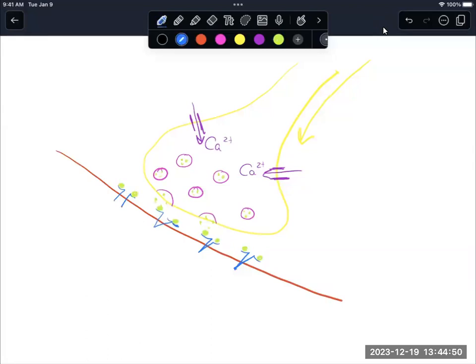So this channel here is just going to open. I'll draw just a line down. That one opens and that one opens. So now that these channels have opened, what is going to happen is sodium is going to come rushing into my cell.